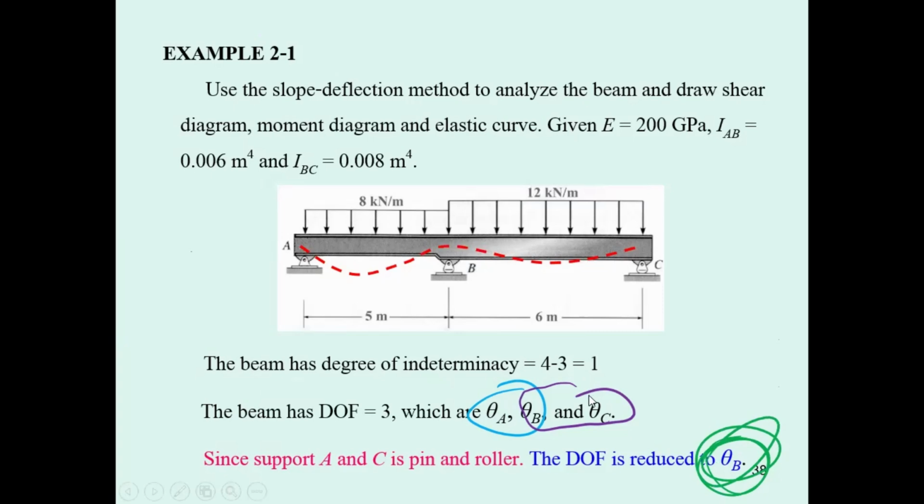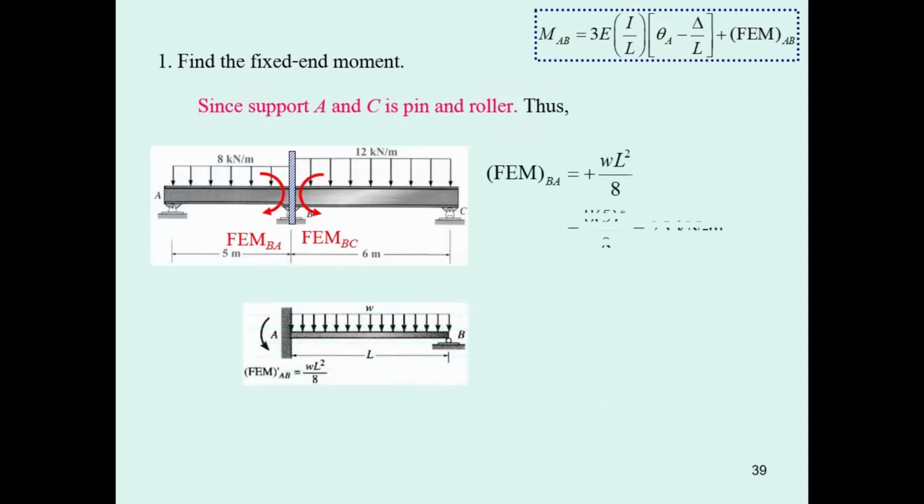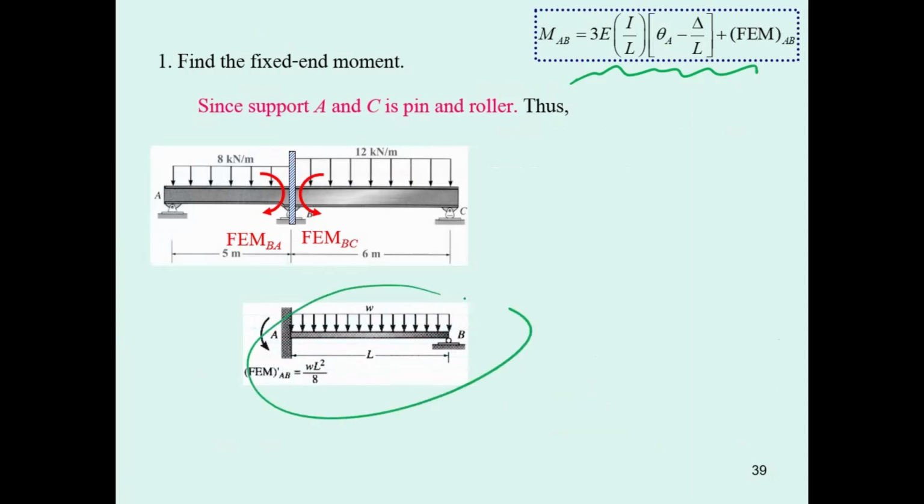Oh, by the meantime, we have one. Go pretty quick. Since we are interested only in theta sub b, this set of equations comes into our consideration. And also this kind of fixed end moment equation is going to be used because we are only interested in theta sub b.